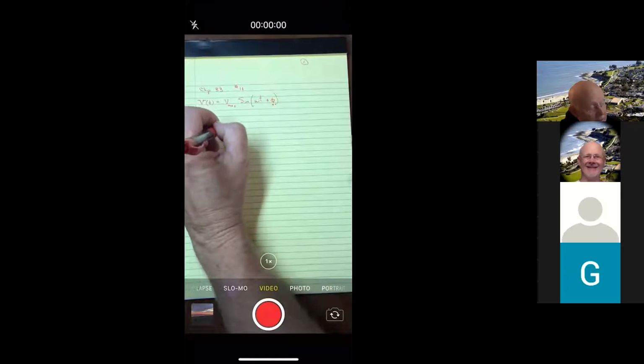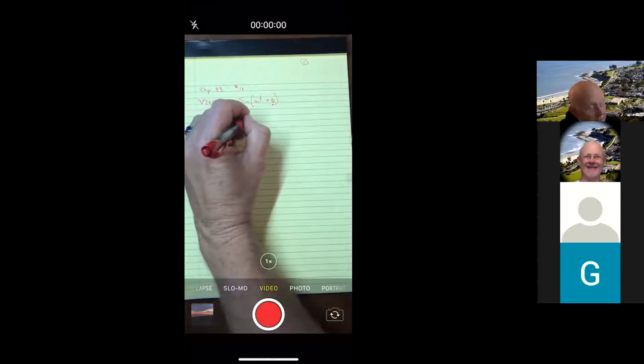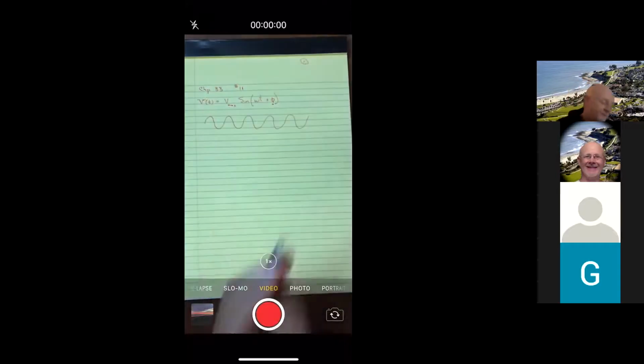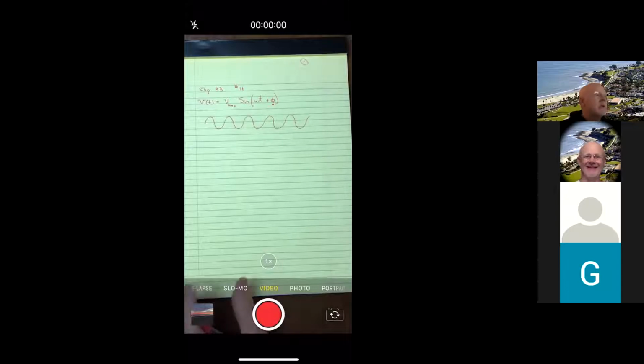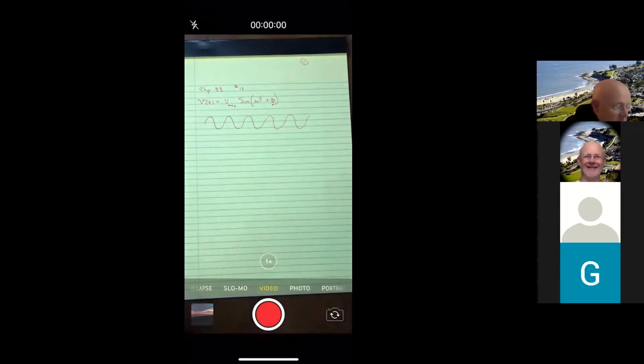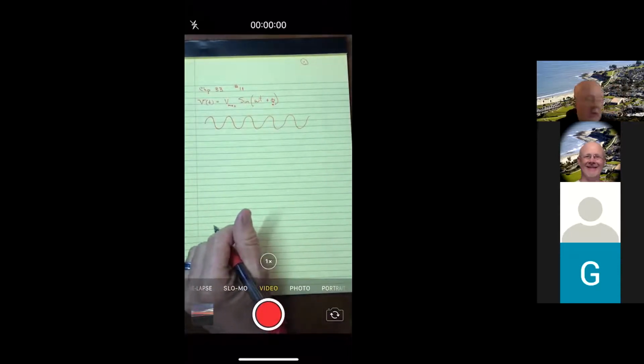The point is, it's just going up and down, sort of like I'm trying to draw in this picture. And usually for our own convenience, we like to call time equals 0 some point on here so that it looks like a sine or a cosine.